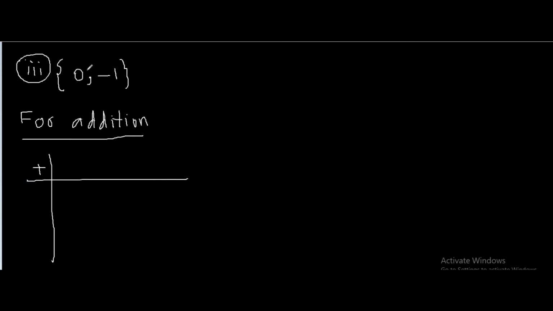And now you have to write all of the entries of this given set horizontally in the right direction of this plus sign. First entry is 0, while second entry is -1.